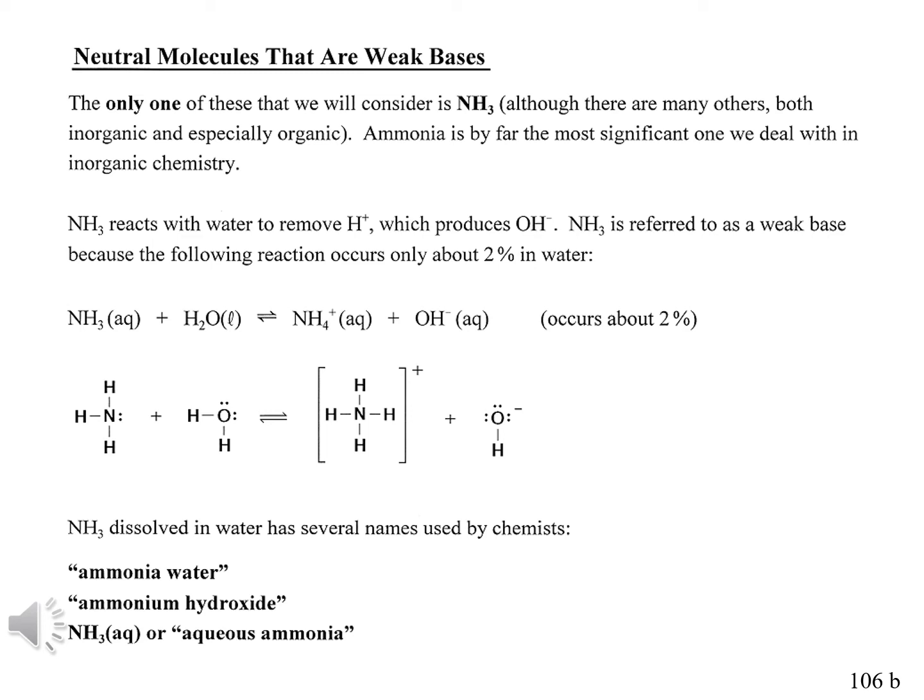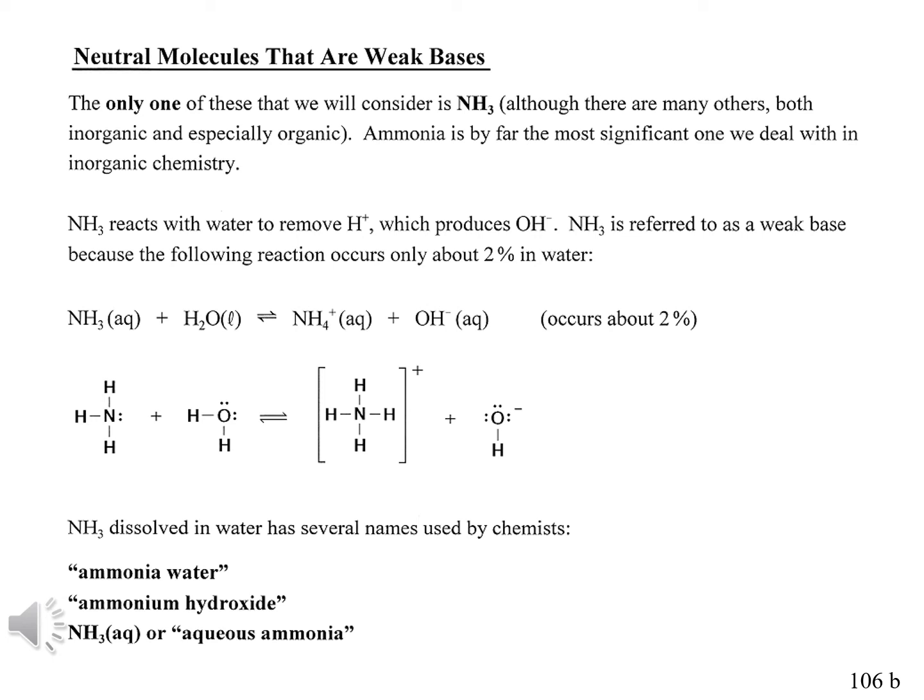Ammonia dissolved in water has all kinds of names. They call anything dissolved in water something water, like ammonia water, chlorine water, bromine water, but that doesn't tell you too much about it. I don't like the name ammonium hydroxide, which is what they call it if you buy it from a chemical company, but that's really a bad name because ammonium hydroxide does not even exist. If you try to put ammonium with a hydroxide, all that's going to happen is the OH is going to pull an H off the ammonium and give you ammonia and water.